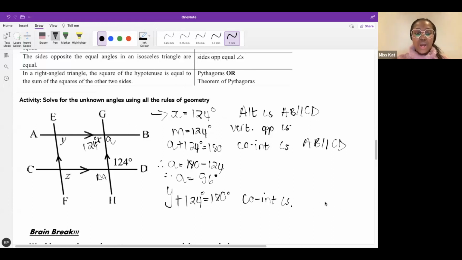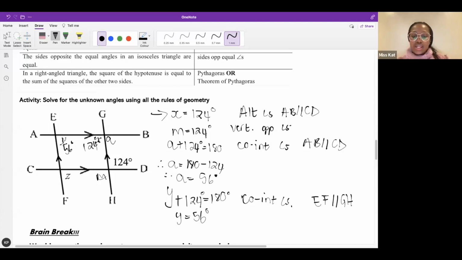You see why I say we have to write reasons and which parallel lines in every single step. So then your Y is then going to be how much? 56, right? And our lines are EF is parallel to GH. Nice. So this is 56.